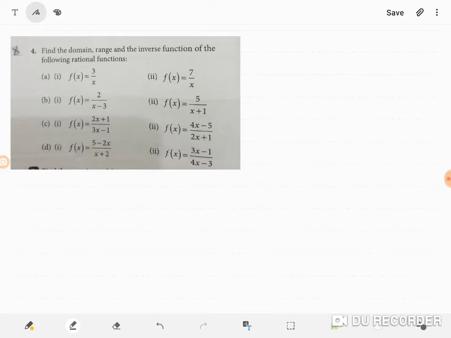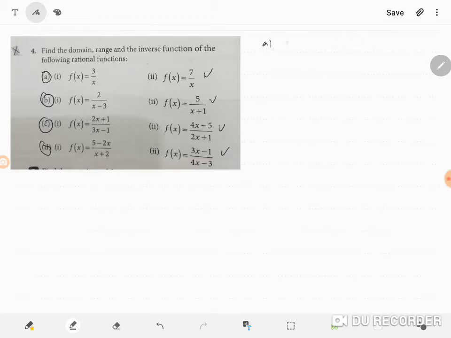I will try parts A(i), B(i), C(i), and D(i), and I hope you can answer part (ii) of each. I do this one, so you try that one. Now you will see question number one part (i): find the domain, range, and inverse function of the following rational function.